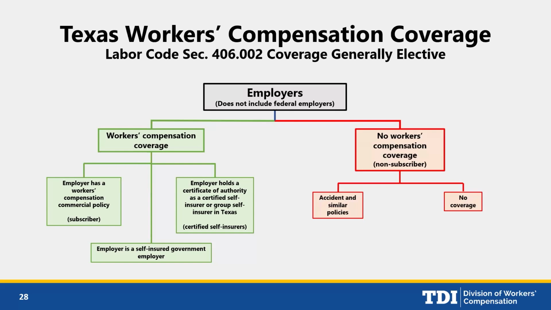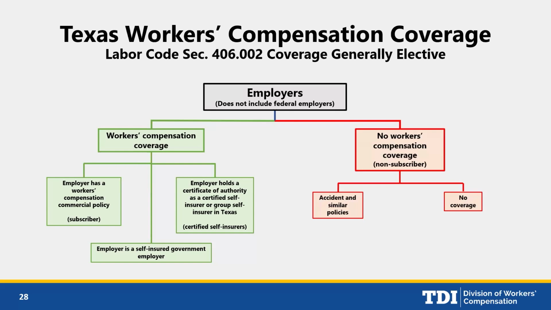They're called non-subscribers. So if you're in a healthcare provider intake area, that's one of the first things you're going to try to find out. Where were they hurt? And did that employer, who's the insured, have coverage on the day of the injury? Because they could not have coverage. So you're going to find that out.